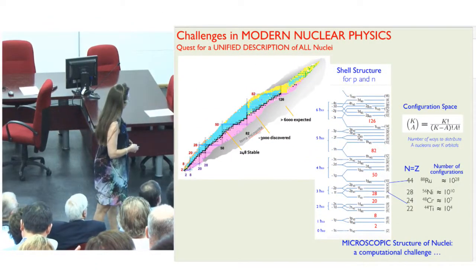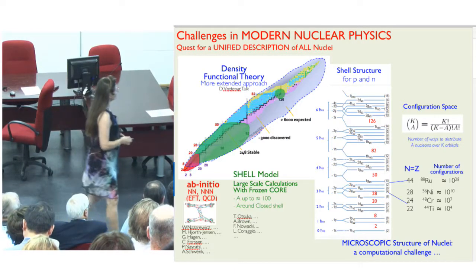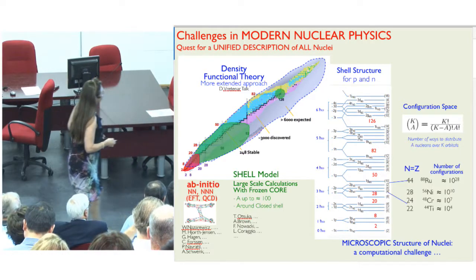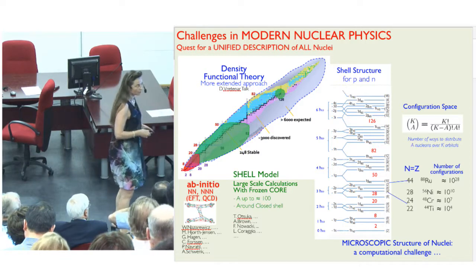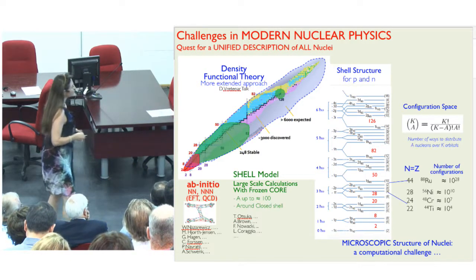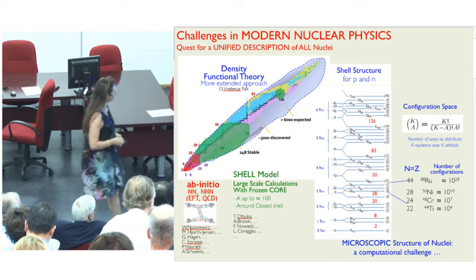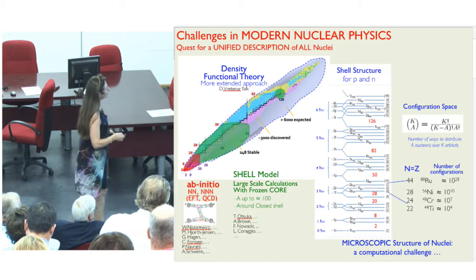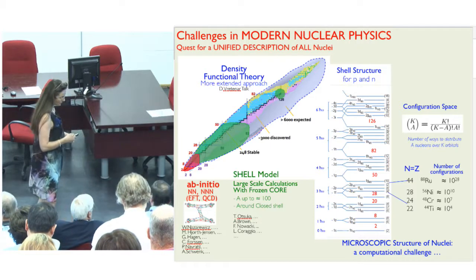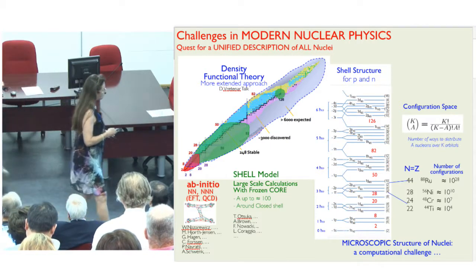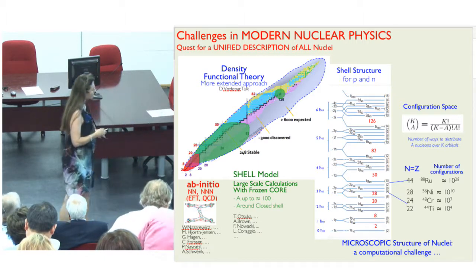And this is the reason why only for a very limited number of nuclei, smaller than mass 50, it is possible nowadays to perform ab initio calculations in which one starts from the interaction between nucleons derived from chiral effective field theory, while for the vast majority of the remaining systems, one has to deal with other approaches, like shell model calculations, which even when they are very extended, have to use truncation in the computational scheme to overcome these difficulties.